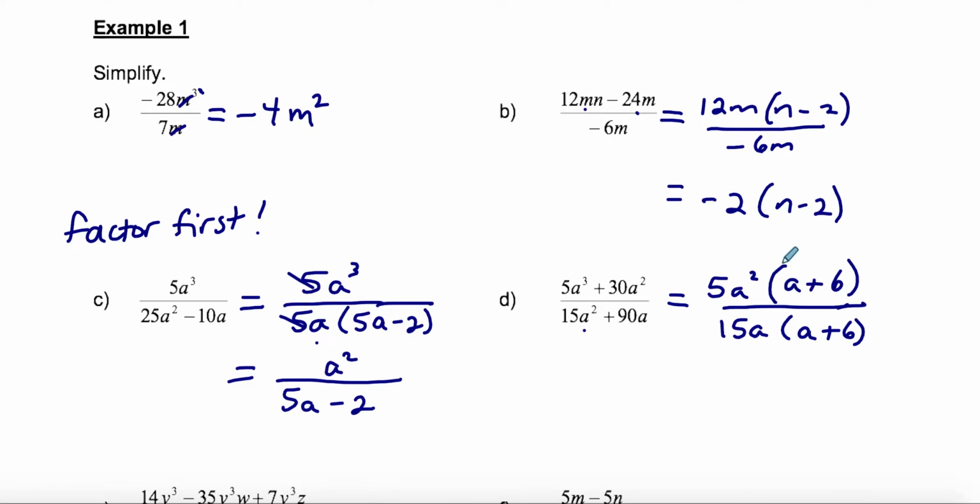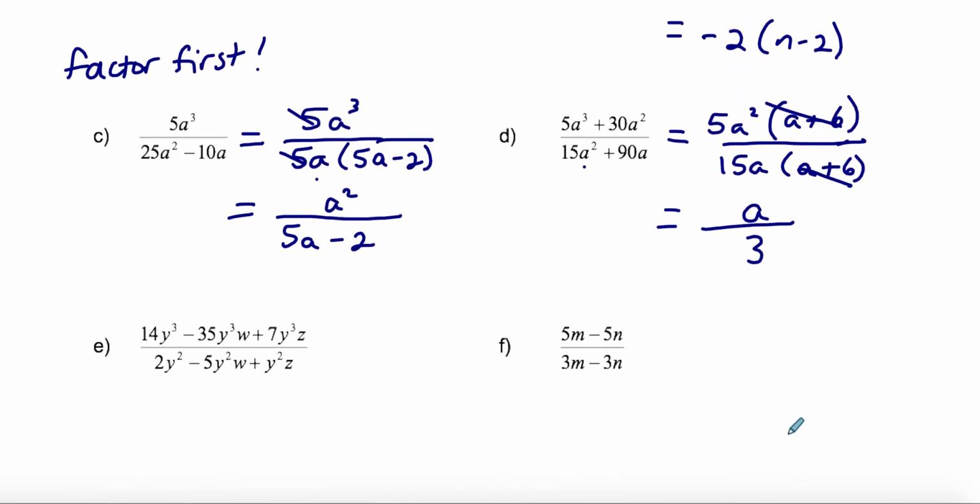I can actually cancel, because this is all multiplication in the numerator and the denominator, I can cancel these out. I can also imagine in my fraction, I have more a's in the numerator than the denominator. So when I divide, I'm still going to have an a in the numerator. 5 over 15, that's the same thing as 1/3. I could write the 1, but a over 3 is my simplified answer. Looks a lot more simple than what I started with.